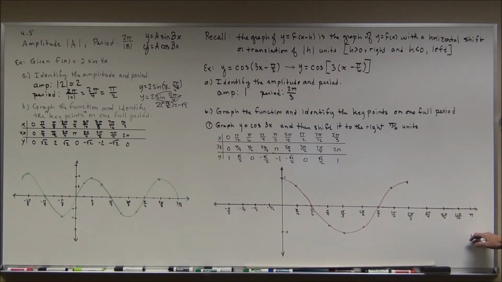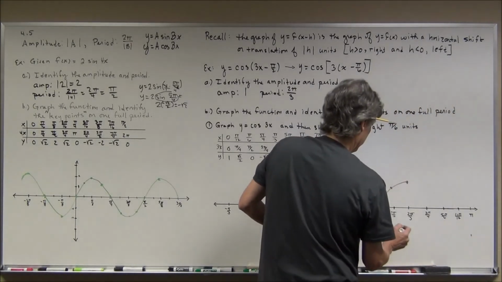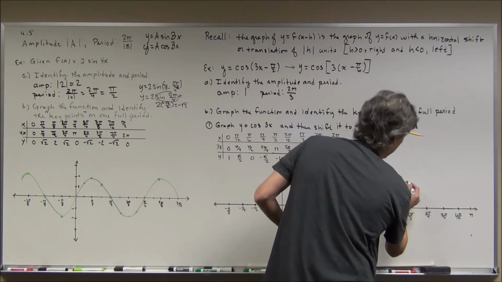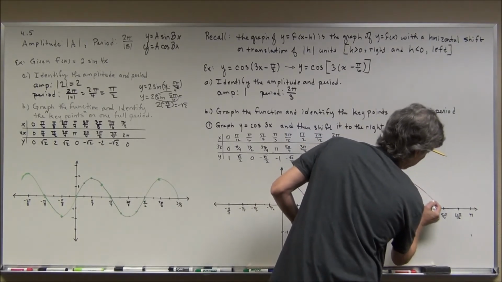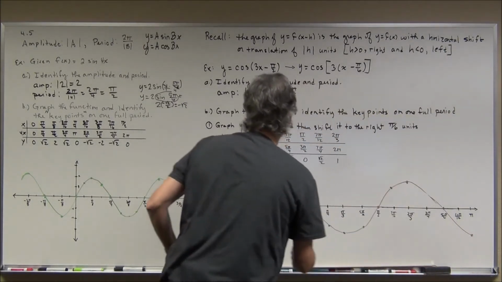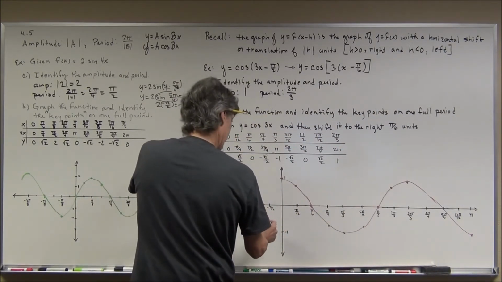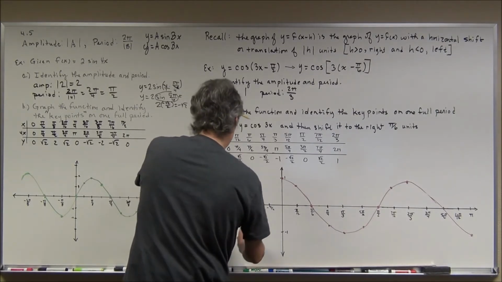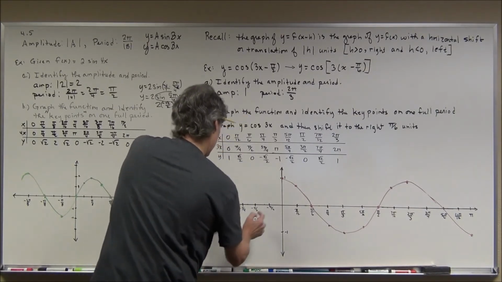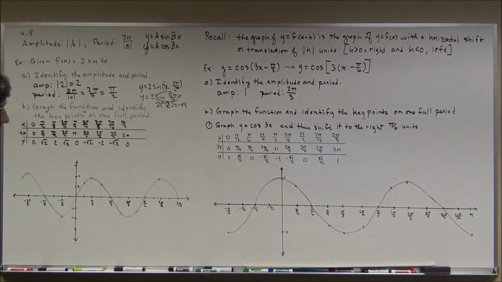So if I was going to continue my graph here, it would look something like this. And the same thing this way. I would need pi over 3 here, so I'd have to be down to here. And there's my graph as far as I had my number line drawn out.